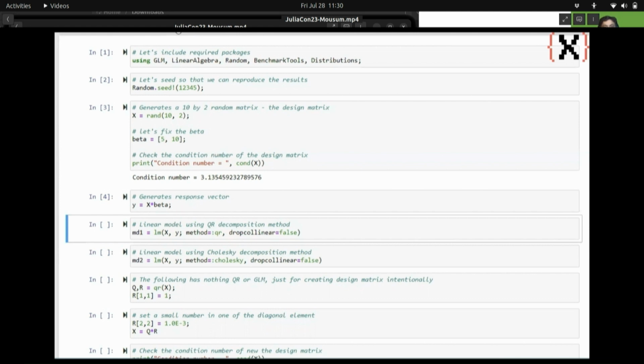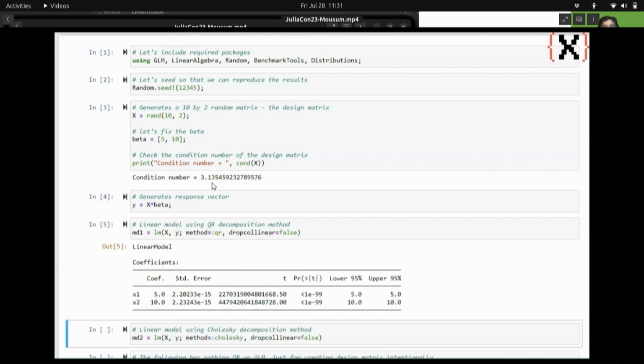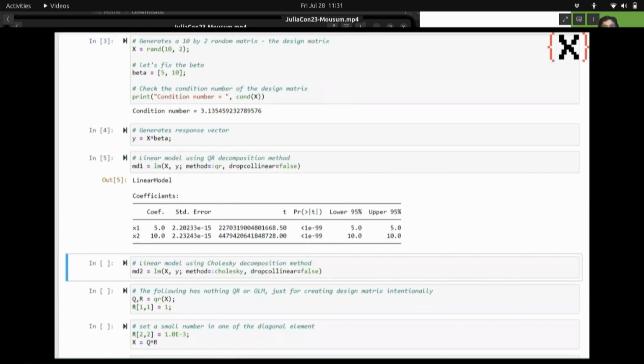Now try to estimate the beta using a linear model with two different decomposition methods. Let's try with the QR decomposition method. Then we'll try with the Cholesky decomposition.